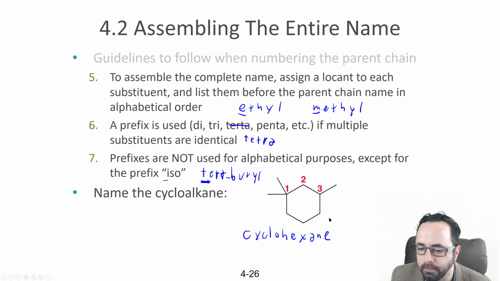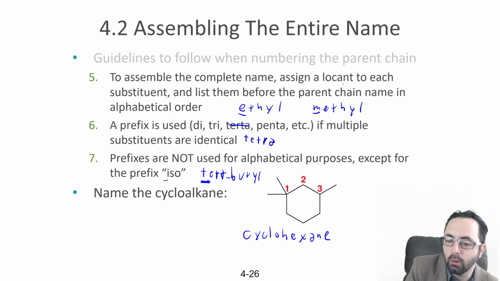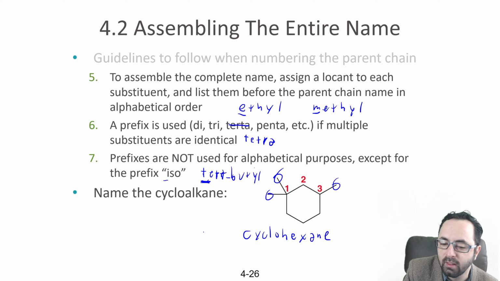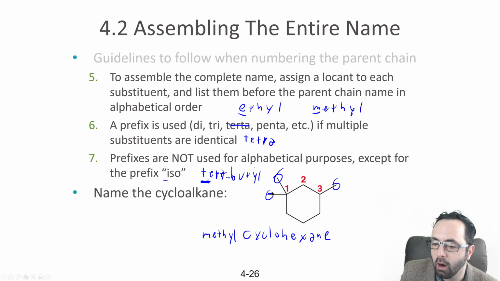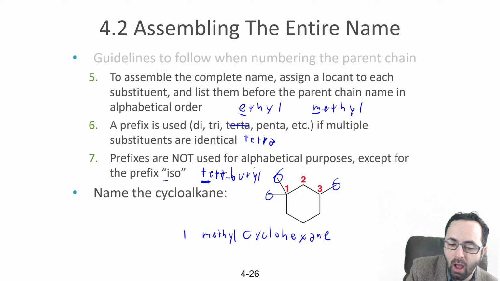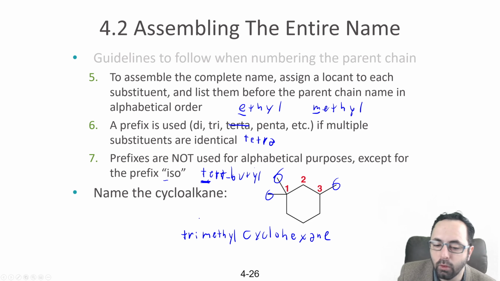And so here we've got 3 methyls. 1 here, 1 here, and 1 here. So since we have 3 of the same group, we're not just going to say methyl. So meth meaning 1 carbon on the branch, yl meaning branch. We're going to say trimethyl because we have 3 of the methyls.